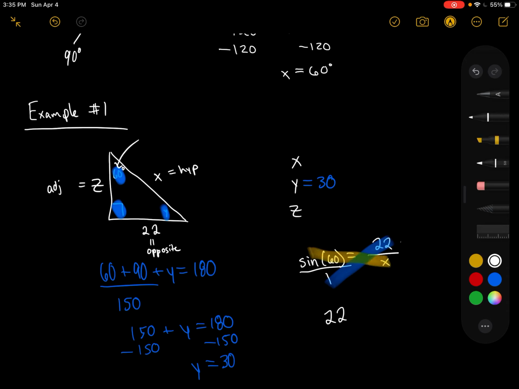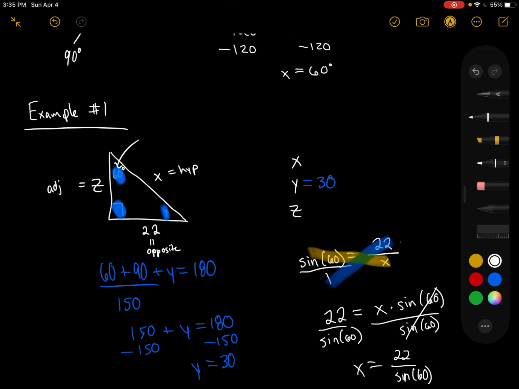Best thing to do here, make this a proportion and cross multiply. So we'll get 22 times 1, or just 22, equals x times the sine of 60. And then we want x by itself, so we're going to divide by sine of 60 to simplify that to a value of 1. If we do it on one side, we have to do it on the other as well.